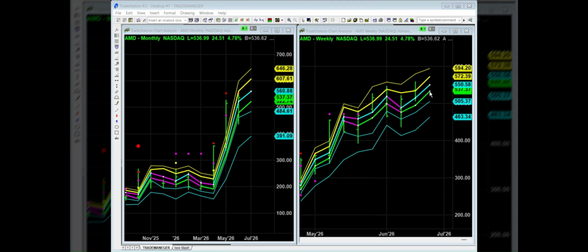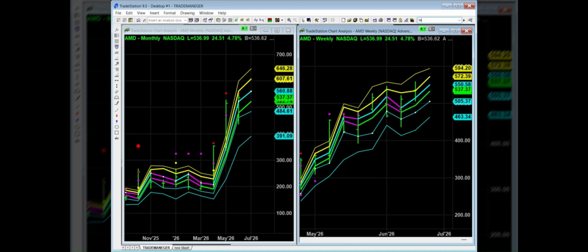So just keep an eye on this green support trend line. The tip price is $534. If it can hold at this price, it may have a potential to push up to this target price of $572. But if it can't hold, then it may potentially drop to $501 next week. So this is the AMD.